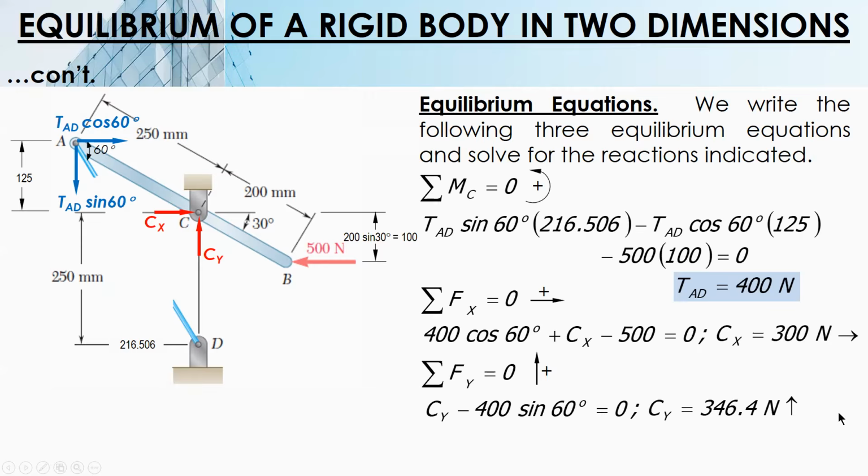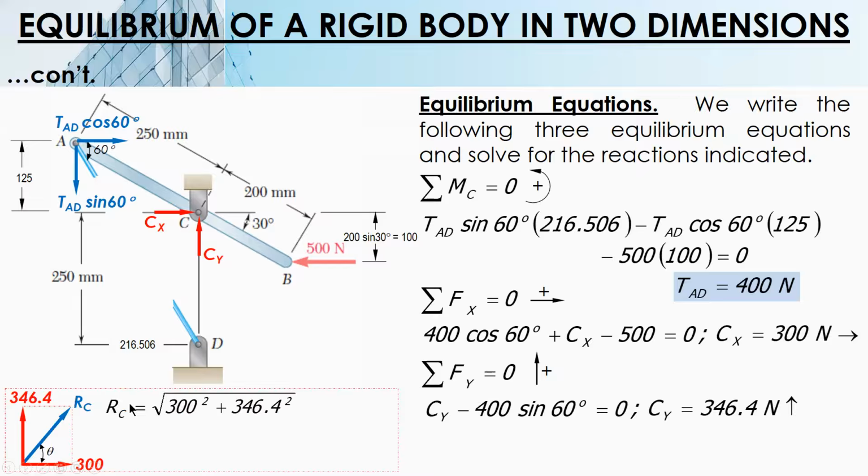Okay. And if you want to get the magnitude and direction, i-plot mo 300 and then 346. And then diagonal is the resultant and then angle also. Same lang. Use Pythagorean theorem para sa magnitude. Arctan dayon sa Fy over Fx for direction.